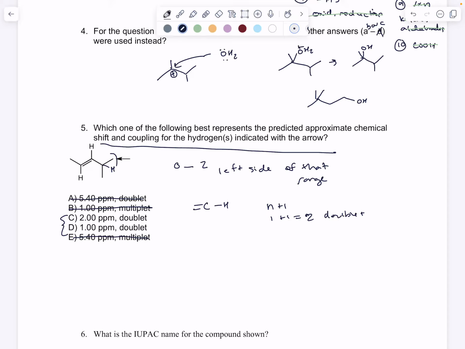I think it would be hard for me to make a judgment call on this just from the information we have. But my instinct would be to go slightly higher, that it would probably be closer to the 2, because it is somewhat de-shielded by that alkene.